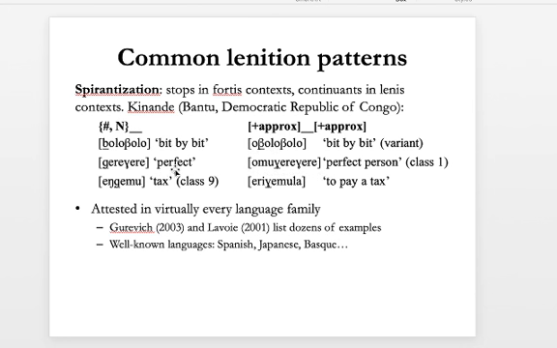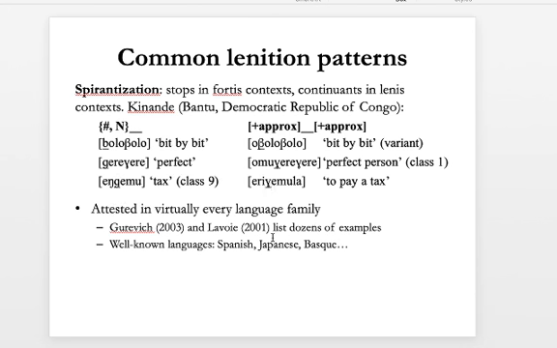Similarly, if you take this perfect word and put it after a class prefix that makes it animate, this becomes a perfect person, and it's pronounced omurere with an approximant here. If you take this root gemu, which has something to do with tax, and put it after a verb prefix, you get eriemula. So this sound that's otherwise produced as a voiced stop is produced as an approximant in between two vowels.